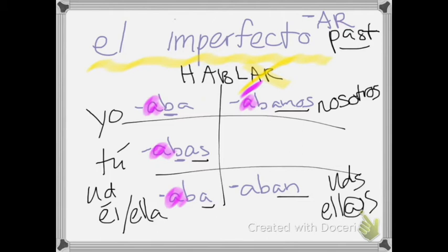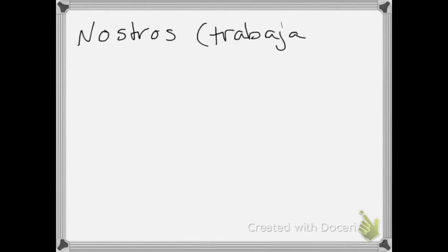So let's do some practice with this, okay? If I have a verb, let's start with the subject. I want to say nosotros because it's so much fun. And then let's take a look at the verb trabajar, because that's a fun one too. Trabajar means to work. So nosotros and trabajar.